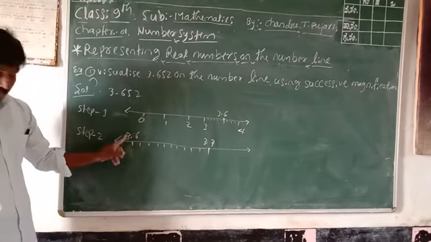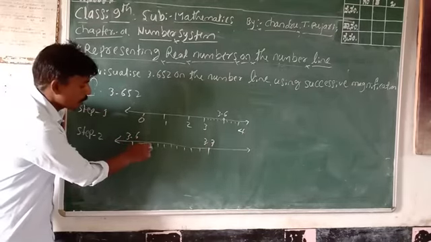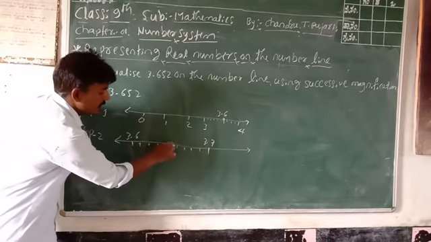After 3.6, count 1, 2, 3, 4, 5. This is 3.65.